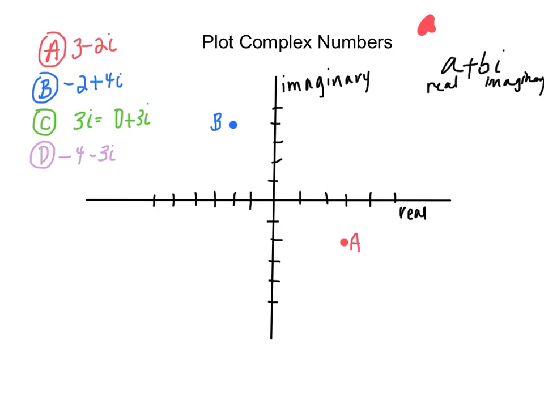So we're moving 3 spaces up, and this is our C. Finally, for our D point, we're moving left 4 spaces, 1, 2, 3, 4, and down 3. This is our D.